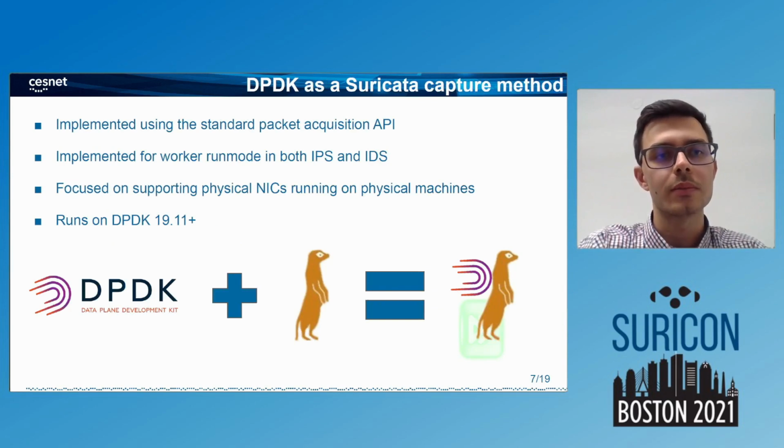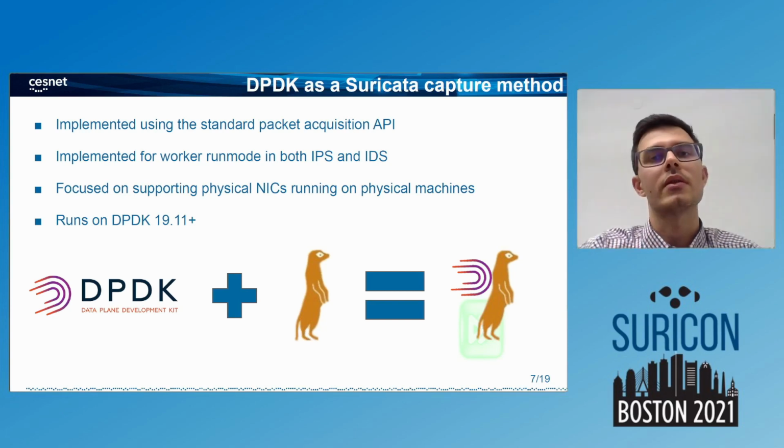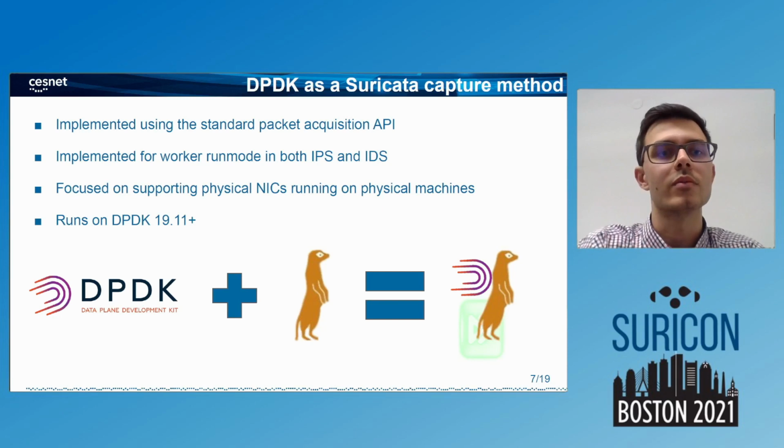Now I'll skip the part where I implemented the module, but I would rather present the results of the module itself. It was implemented using the standard packet acquisition API that Suricata provides for these kinds of modules.